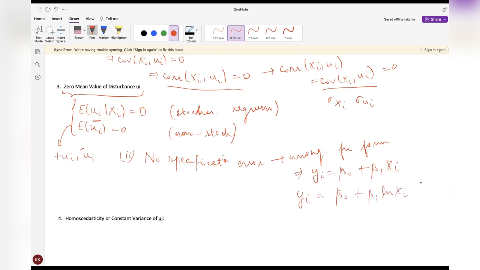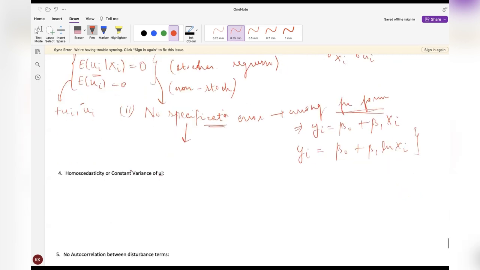So basically I have included a wrong functional form in my model, and that will lead to a specification error. Another reason for a specification error is when we exclude some very relevant variables from the model, or include some irrelevant variables in the model. So due to this property, we won't have any specification errors in our model.